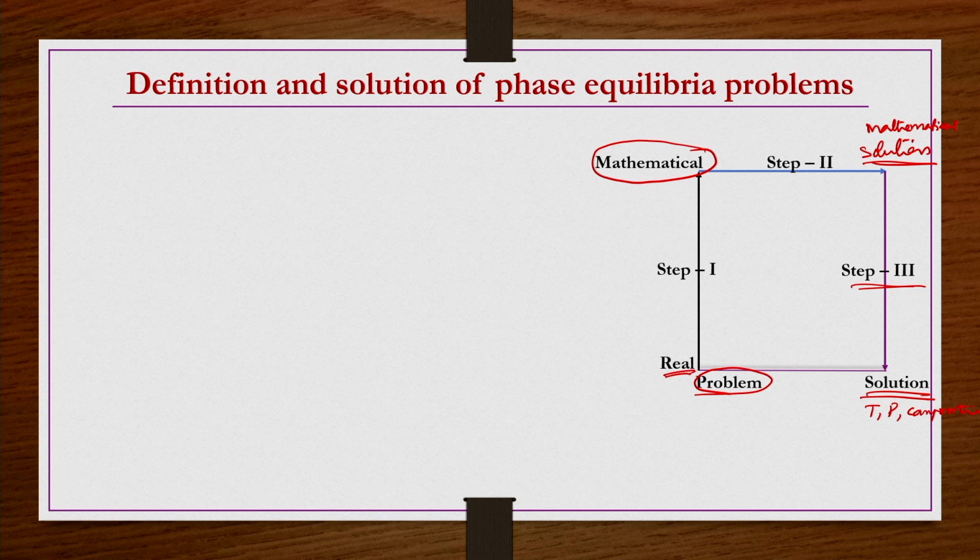So, your solution should also be in terms of these, and only then can you find out whether the mathematical solution is correct or not. Is it compatible, or is it validating with the experimental results or not? You can find that out only if the solution is in the form of measurable properties such as temperature, pressure, and composition.